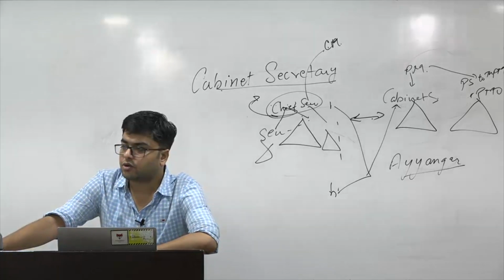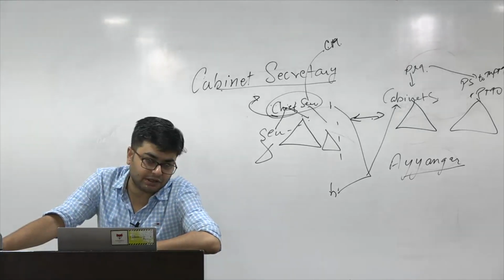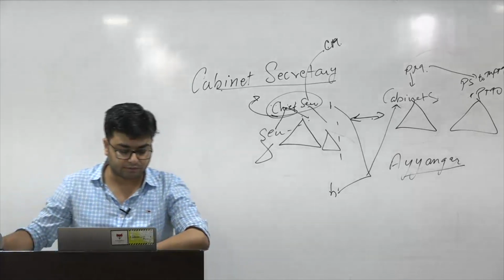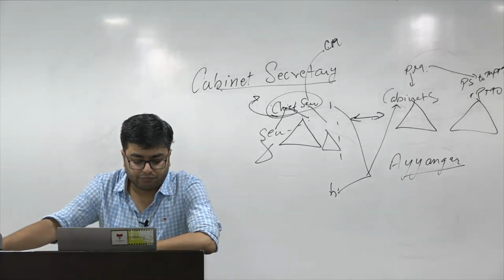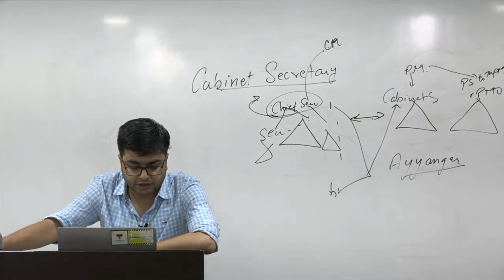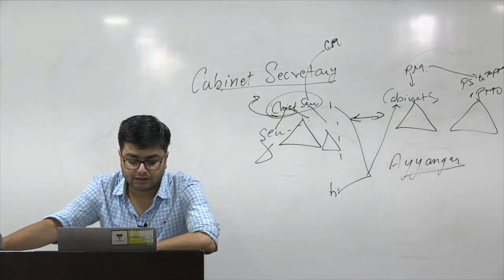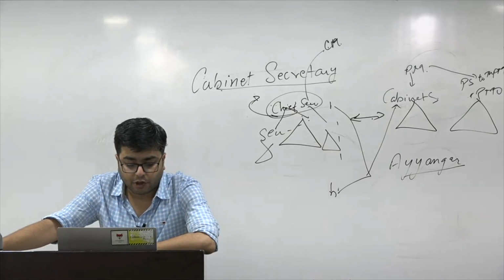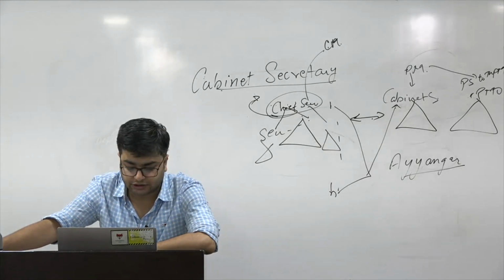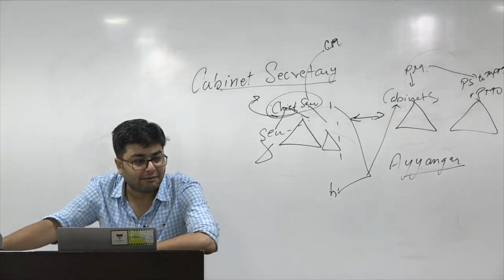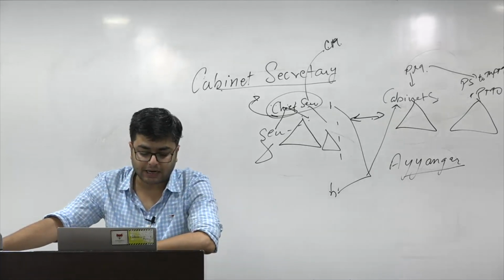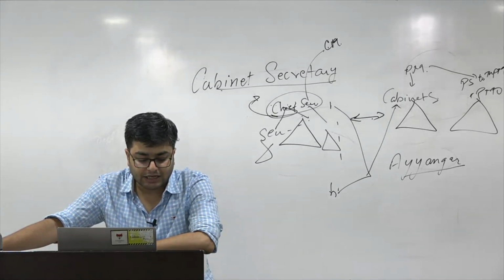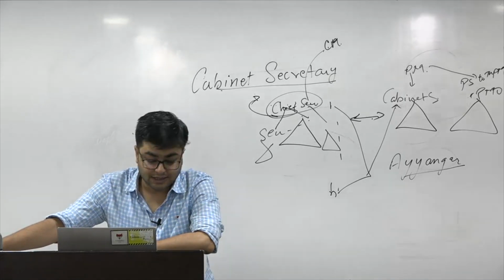Okay. So a Yunger committee was examining this, and it actually talked about that the Cabinet Secretary should be the highest officer of the highest rank. He should be entrusted as the head of Cabinet Secretariat with positive functions of securing coordination as well as timely and effective action by all the departments of the Government of India in all the matters in which Cabinet as a whole or Prime Minister is interested.